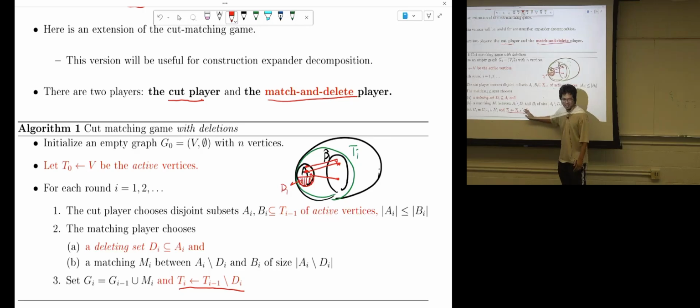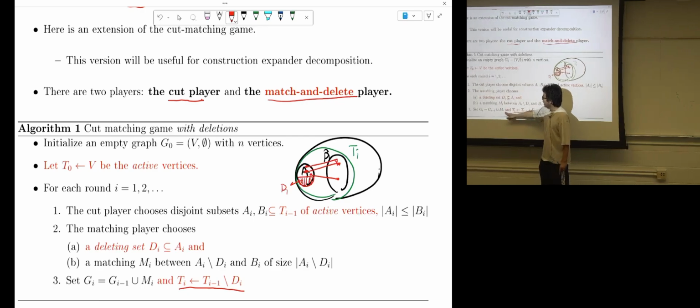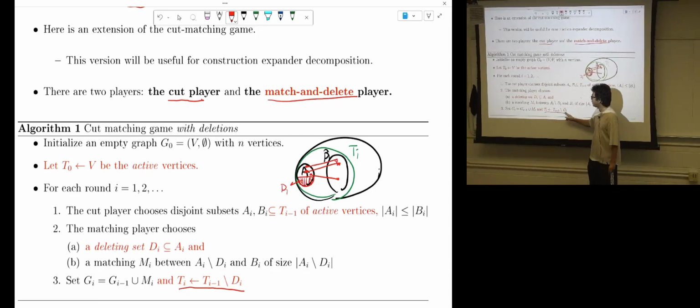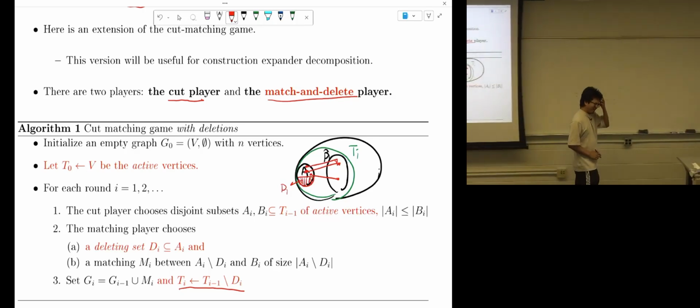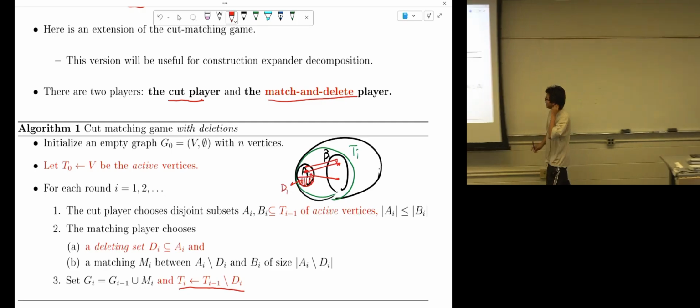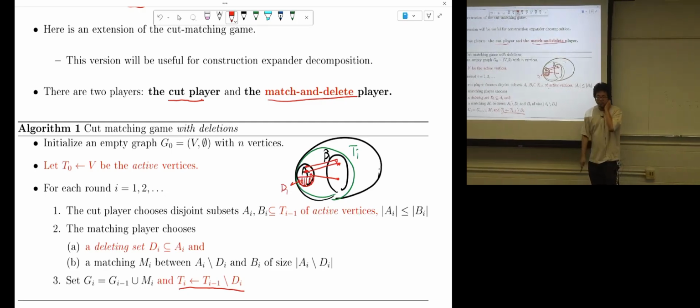So in this round, the cut player chooses A_i and B_i in the green set, the active set, and then the matching player deletes something and matches the rest. You add the matching to the graph, and remove the deleted vertices from the active set. If the deletion is empty, then it's just the same game.